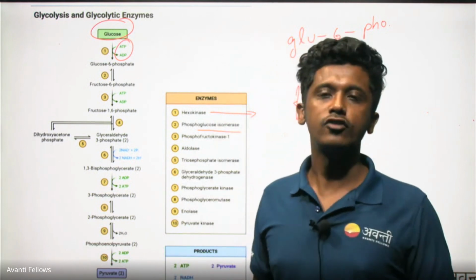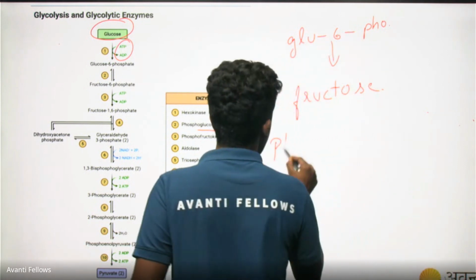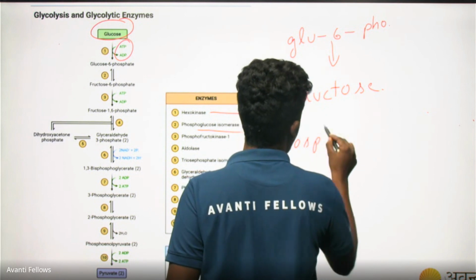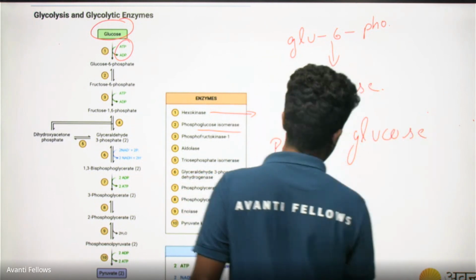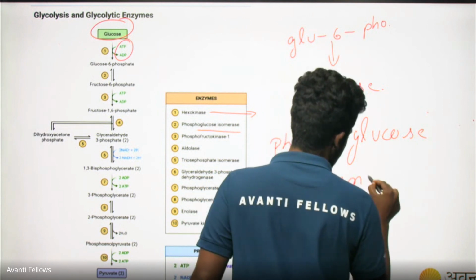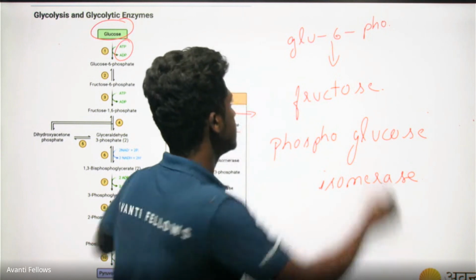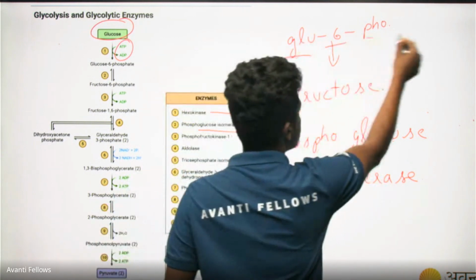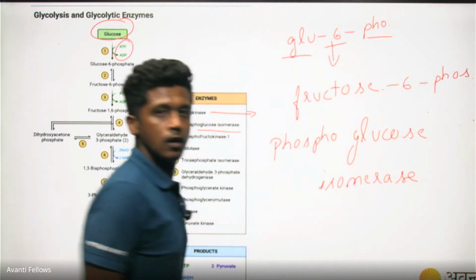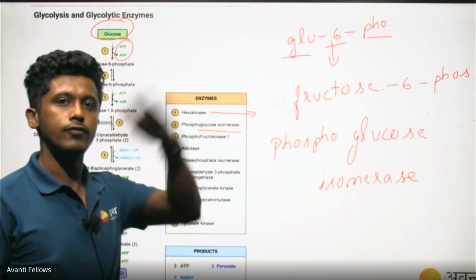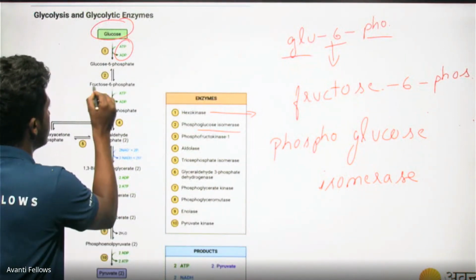The name of the enzyme is very relevant to its function. It is called phosphoglucose isomerase. It converts glucose 6 phosphate into fructose 6 phosphate. Easy. First glucose, then glucose 6 phosphate, then fructose 6 phosphate. We got the fructose 6 phosphate.